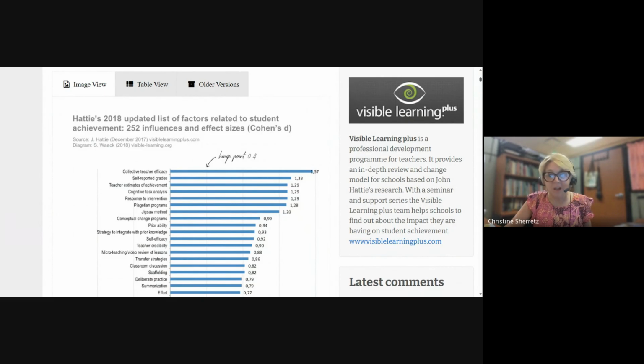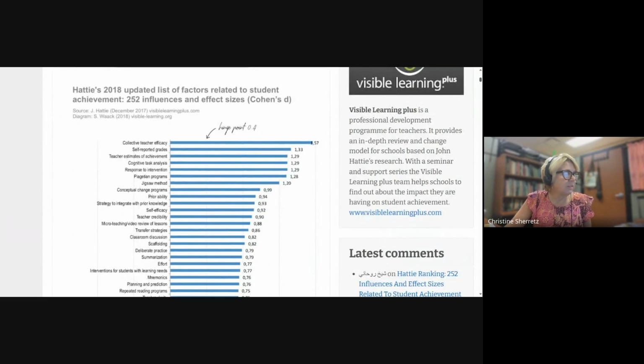And when you have a lot of teachers collectively doing that, the effect size is 1.57. So I'm showing you this because he does have some strategies. Summarization has a 0.79 effect size, which is very strong. So we know that summarizing is a good comprehension strategy.